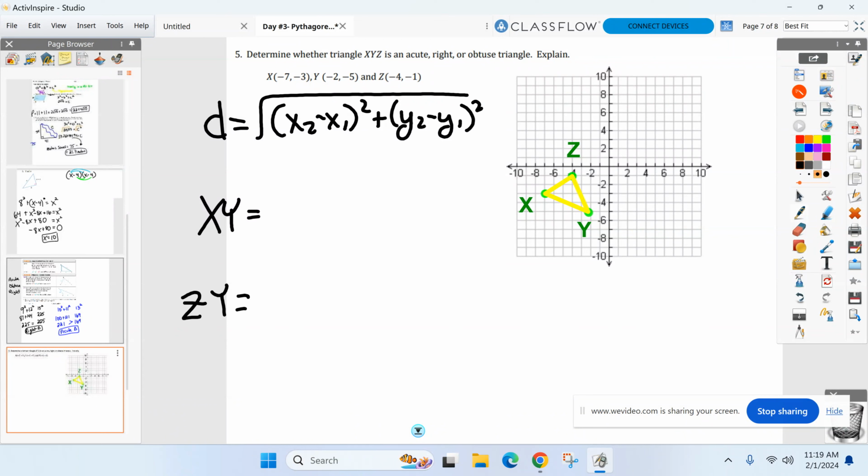And then 2 groups here. You guys have what's left over, XZ. Please be in agreement before you announce to the class what you think it is. Yeah, you guys have XZ, the last one.